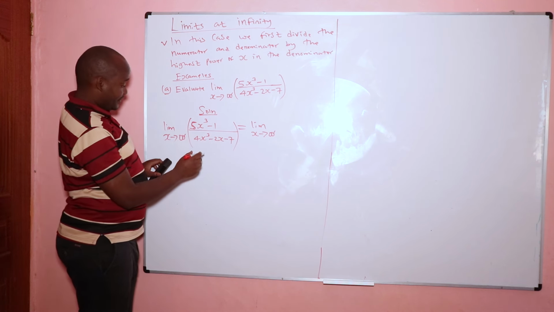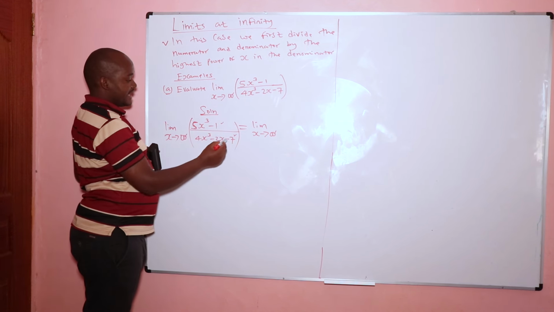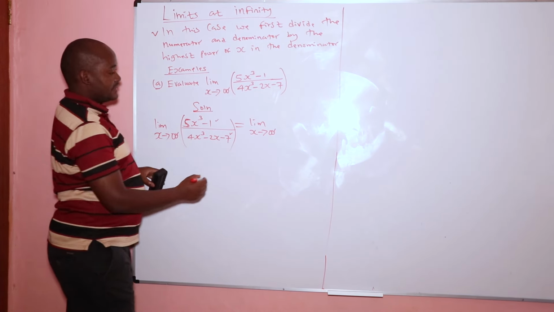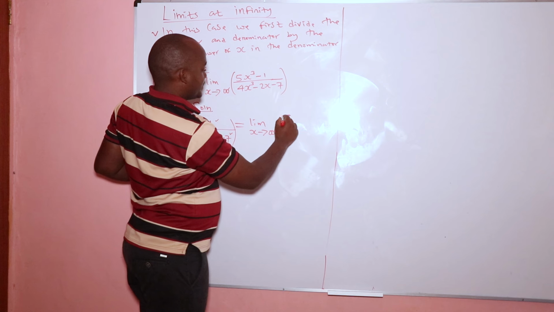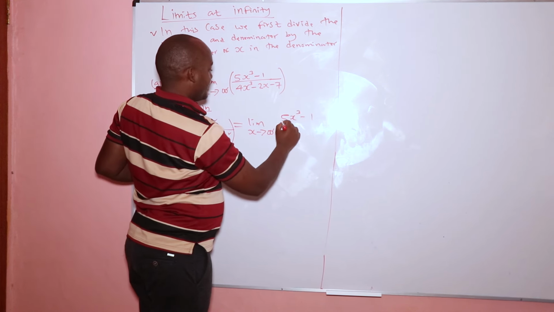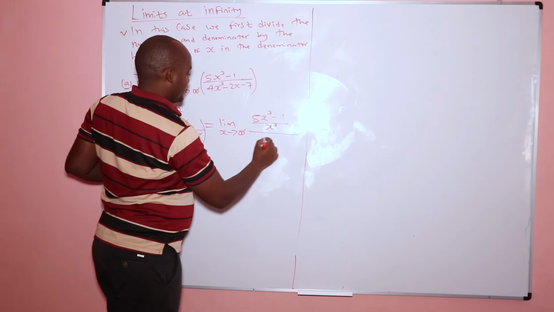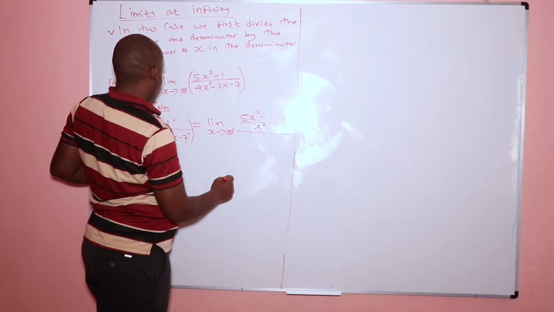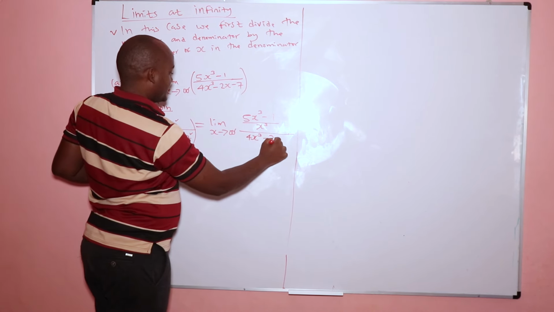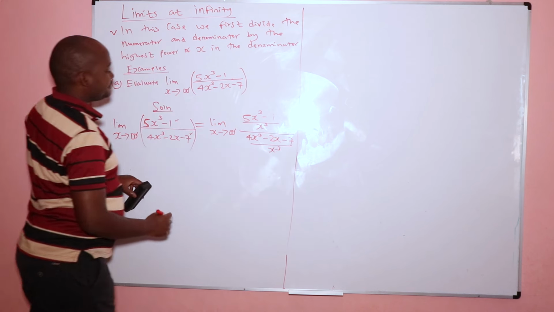So we say that we divide both the numerator and the denominator by the highest power of x in the denominator, which is 3. So meaning that this will be the same as what? 5x cubed minus 1 over x cubed, divided by, that is the numerator for you, the denominator 4x cubed minus 2x minus 7 divided by x cubed.